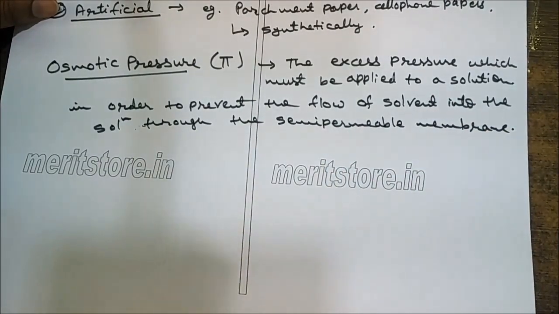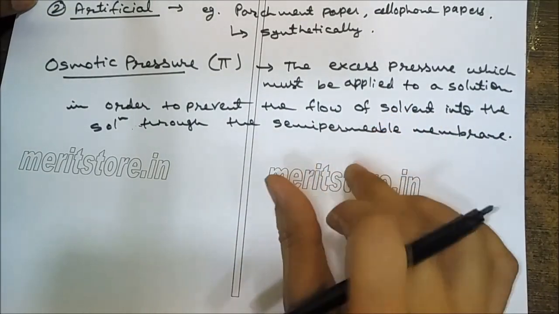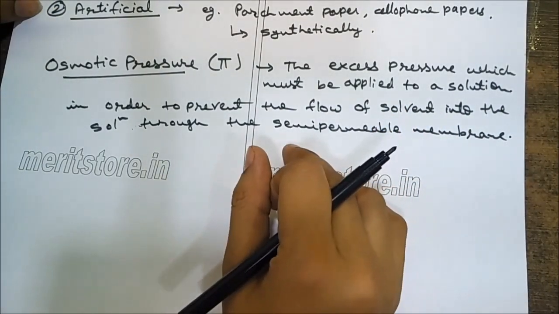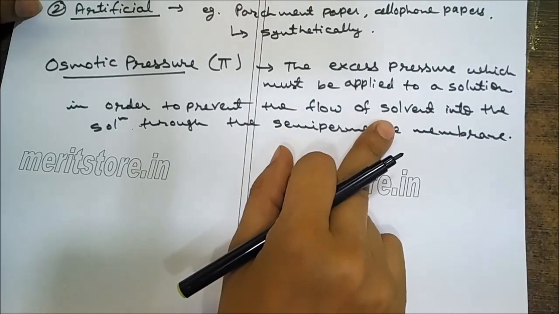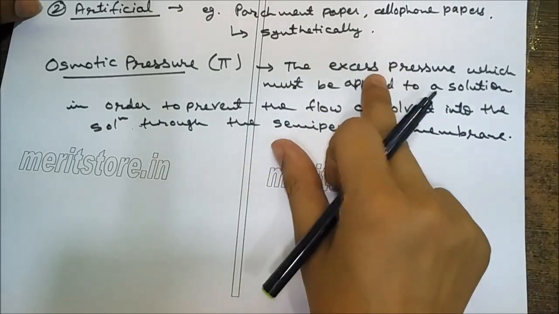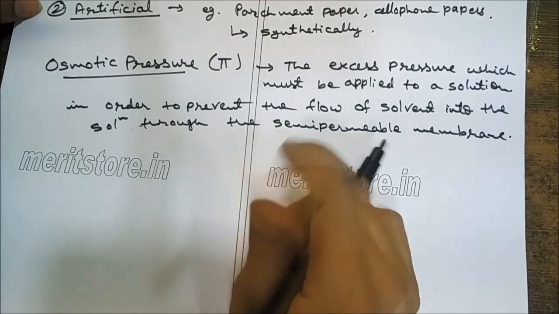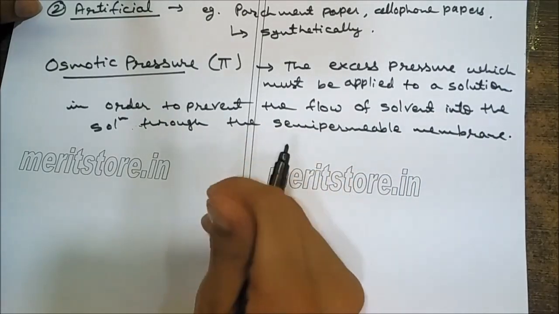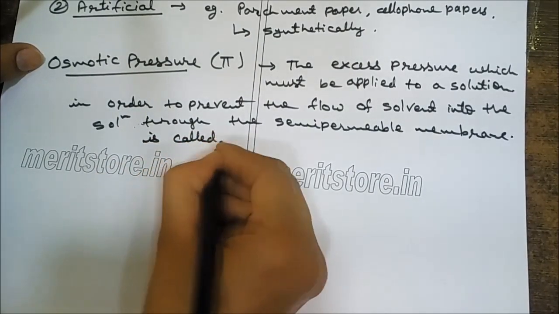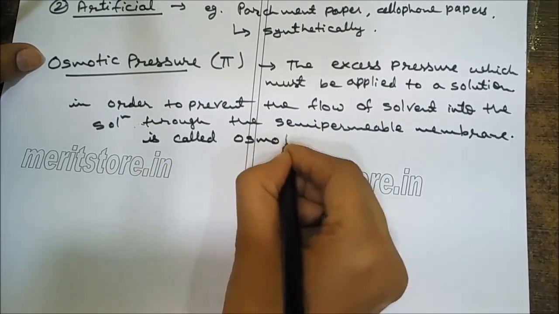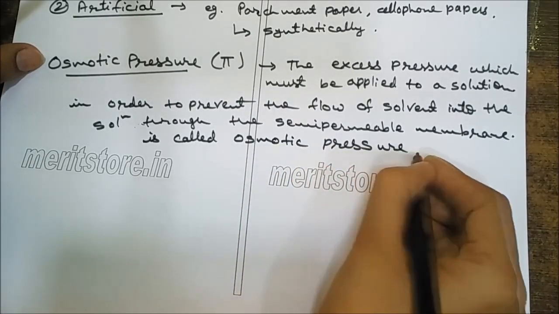So this pressure is the force which is stopping that osmosis process. So the excess pressure which must be applied to a solution in order to prevent the flow of solvent into the solution through the semi-permeable membrane is called osmotic pressure. Or we can say this is the opposing pressure.